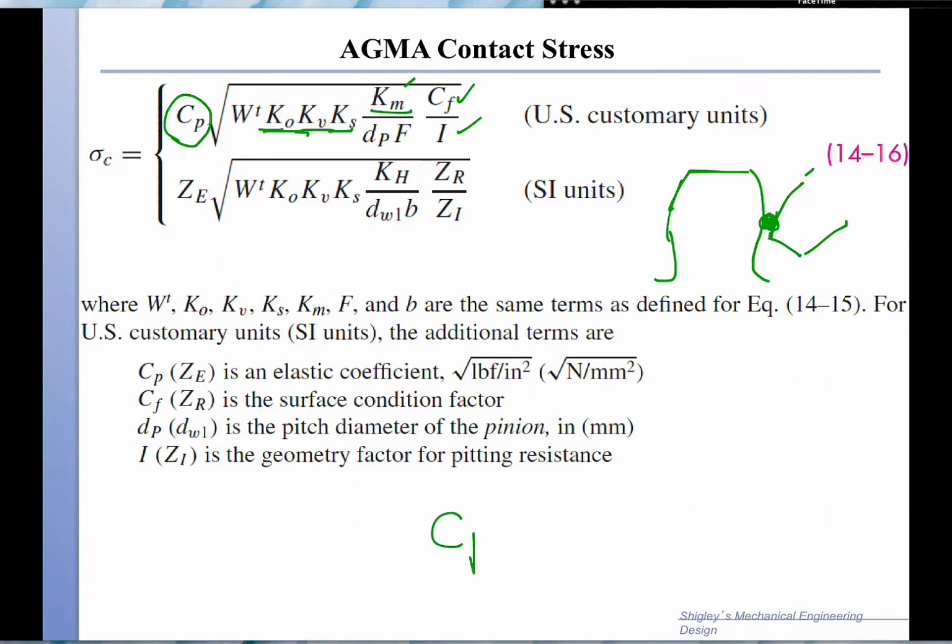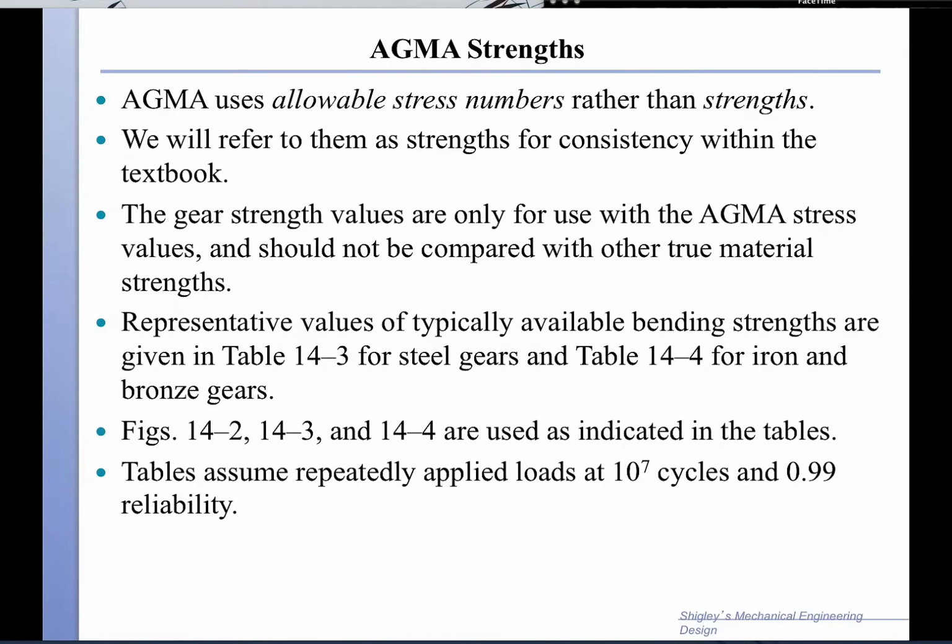So now we have a C sub P and C sub F and an I. C sub P is an elastic coefficient, which one would expect from elastic moduli E1 and E2 if you have two different elastic moduli in a Hertzian contact problem. And C sub F depends on the condition of the surface, how it is hardened. And I is a geometry factor for pitting resistance, very similar to the J, replacing the J. So with that, we can determine these stresses if we know all of these factors.